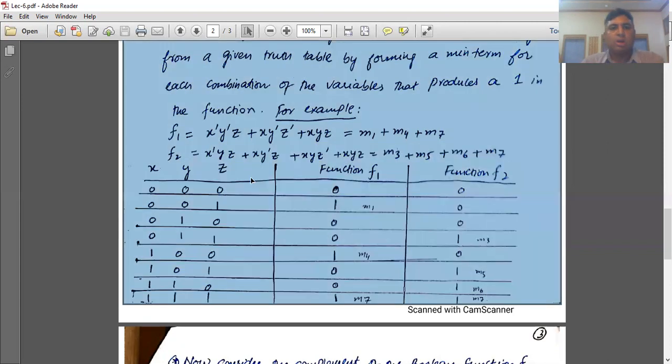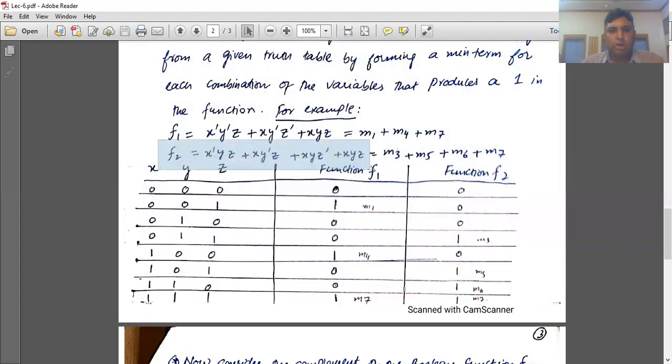Similarly, he has taken another example, f2, and does the same thing with f2. This function f2 has four terms, and it is 1 when x is 0, y is 1, and z is 1. Then x is 1, y is 0, z is 1. Then x is 1, y is 1, z is 0.